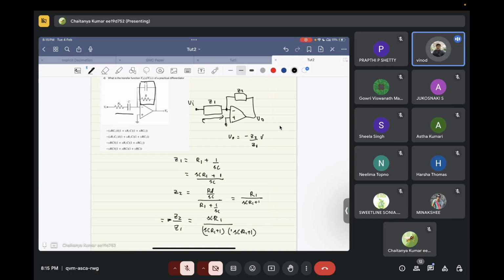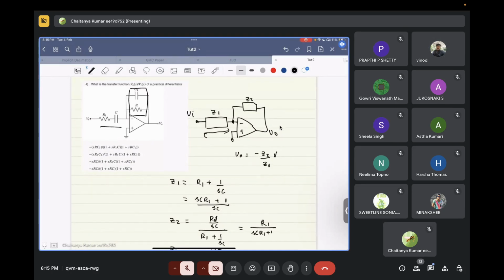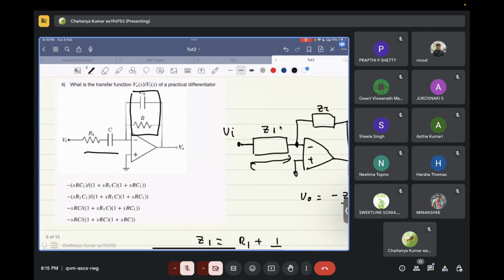Integrator is a low pass filter, differentiator is a high pass filter. So what components won't be there if it was an ideal differentiator? R1 and C1. So let's call this R2 and this C2, whatever.